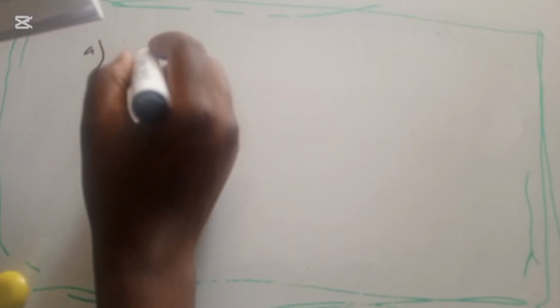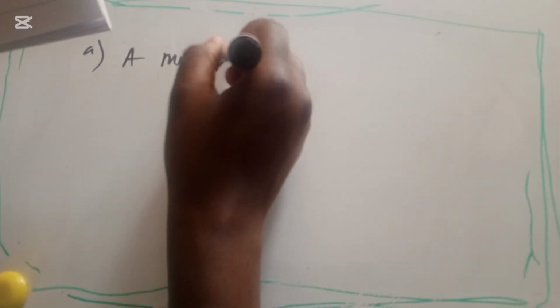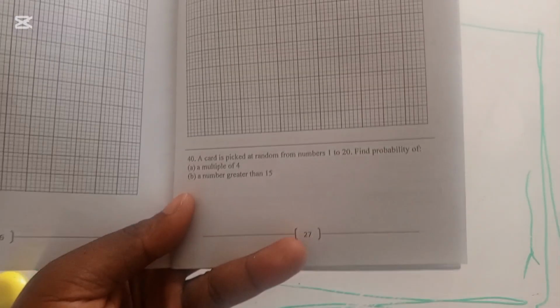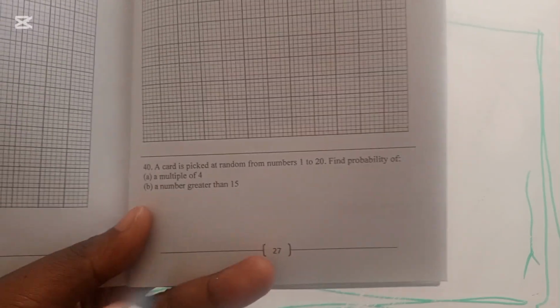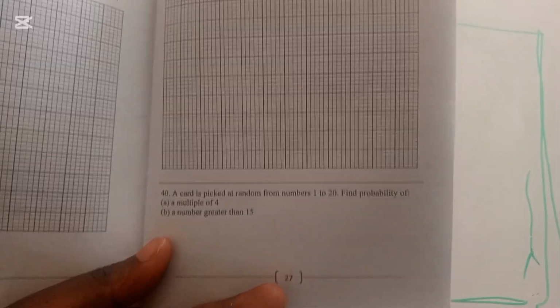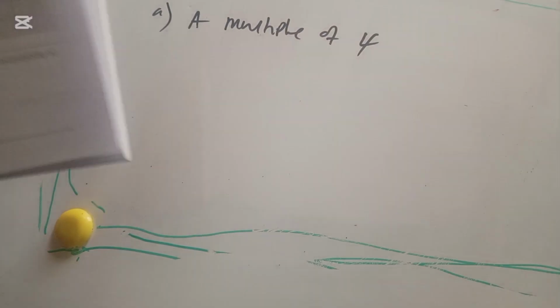Question A asks a multiple of 4. So you can identify multiples of 4 directly just looking at the question. But remember, this question has marks for the steps you are going to take. So it is important to write these numbers.